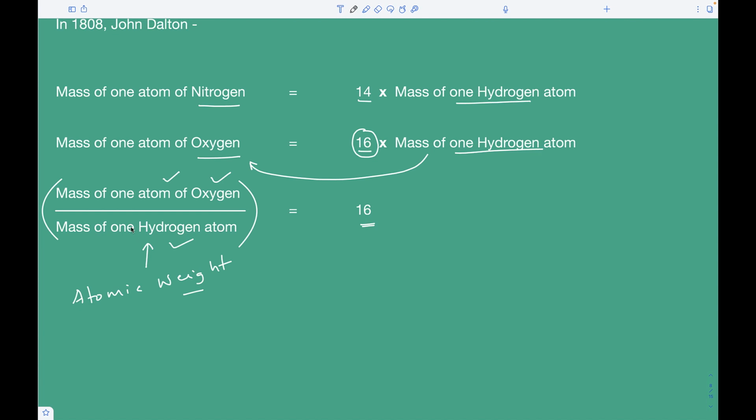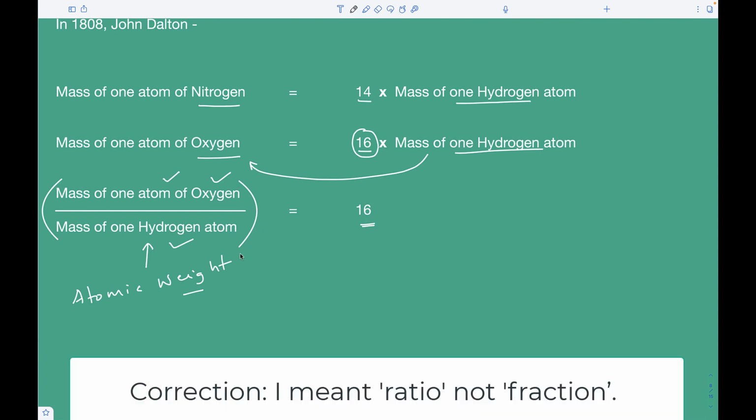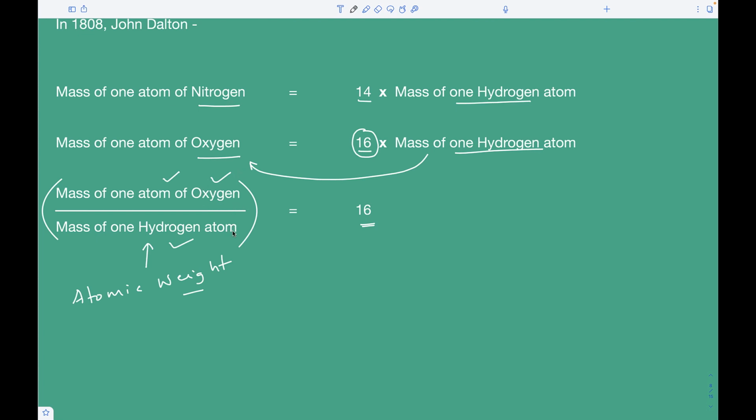Understand that it is possible to know the value of a fraction without knowing the values of its numerator and denominator. And even today, we determine atomic weights as the values of such ratios without knowing the values of the numerator and the denominator separately.